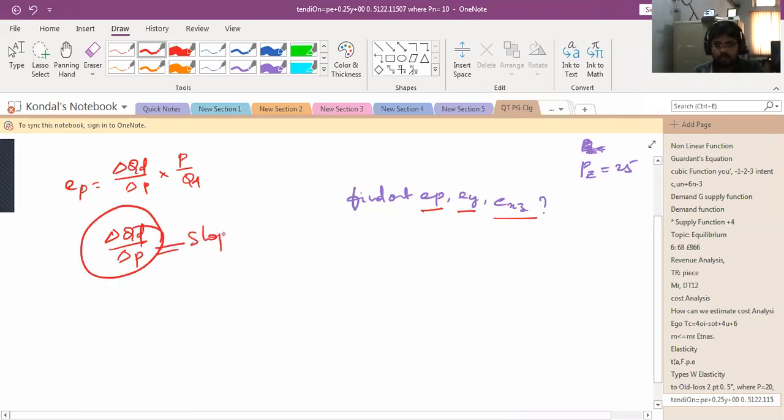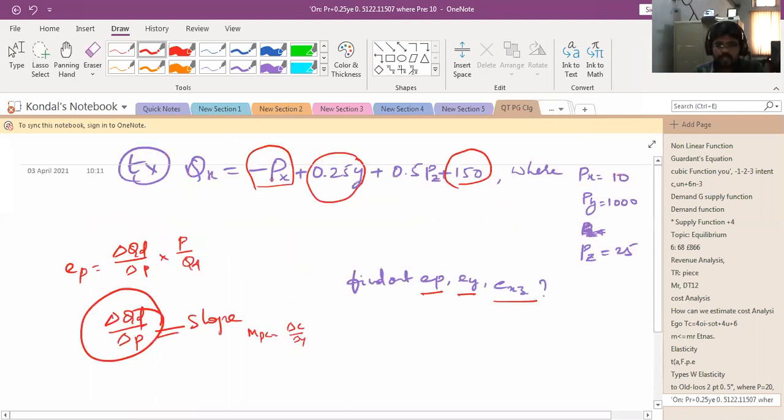It is called the slope, or we can call it MPC, marginal propensity to consume, which is delta C by delta Y with respect to consumption and income. So the slope of price is nothing but delta QD by delta P. As I told in the last class, that is a slope.